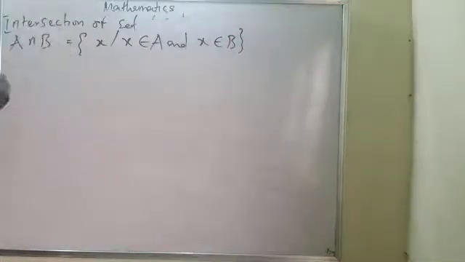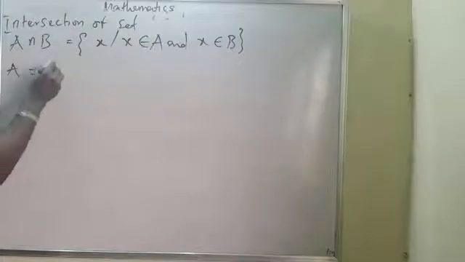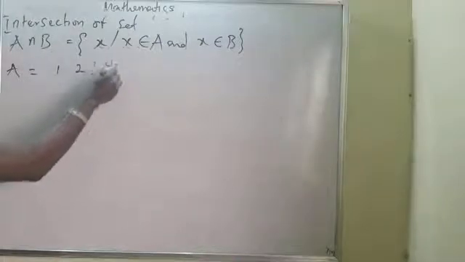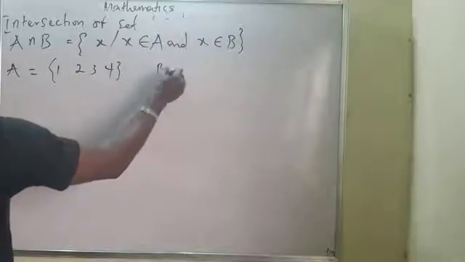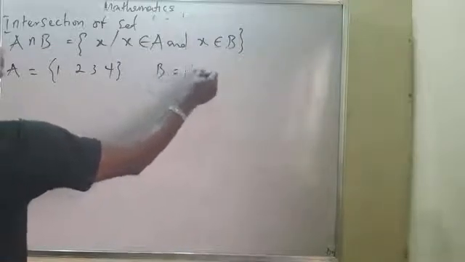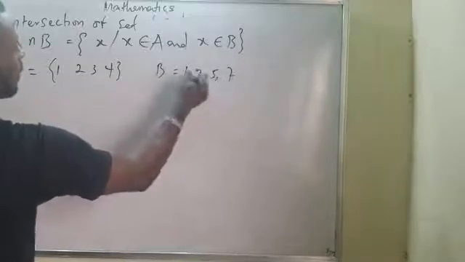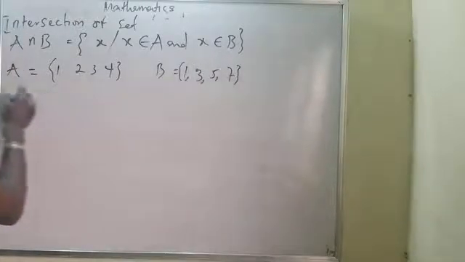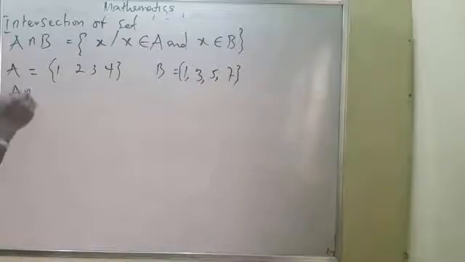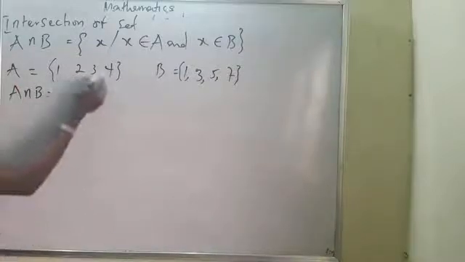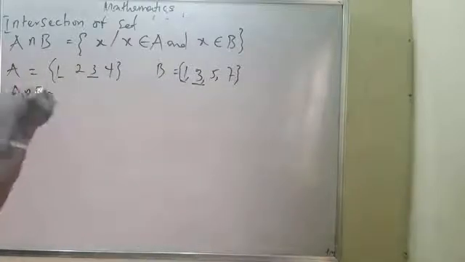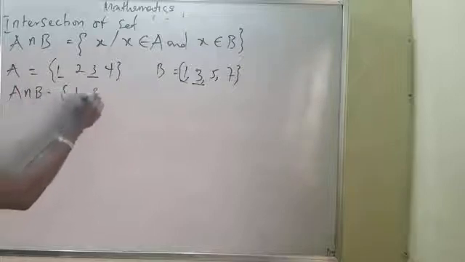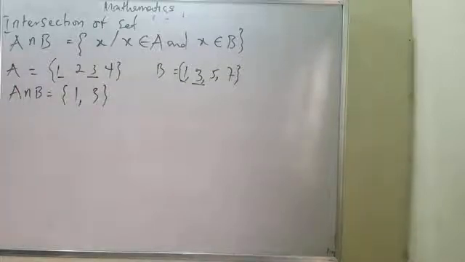It means if I have A equals 1, 2, 3, 4, and B is 1, 3, 5, 7, then A intersection B will be the common region: 2 is here, 1 is here. What else can we refer to? It means the intersection is 1 and 3. That is all I'm saying.